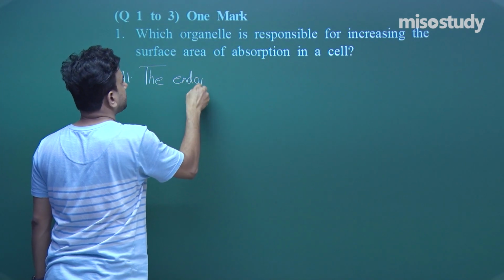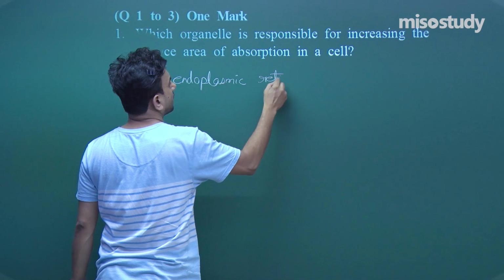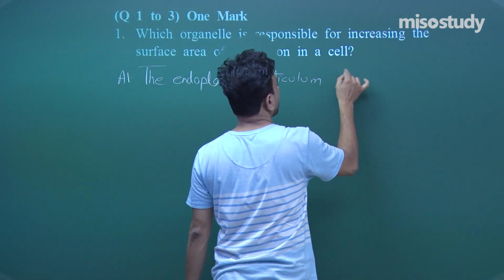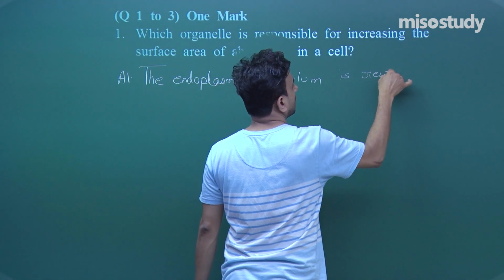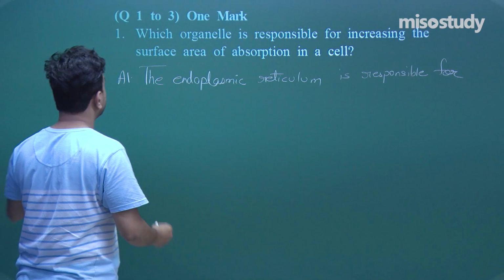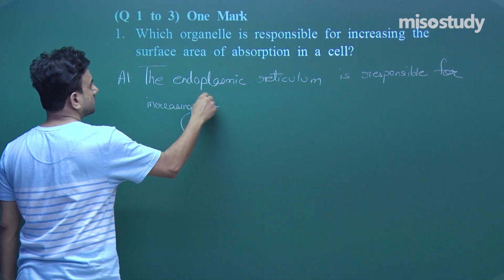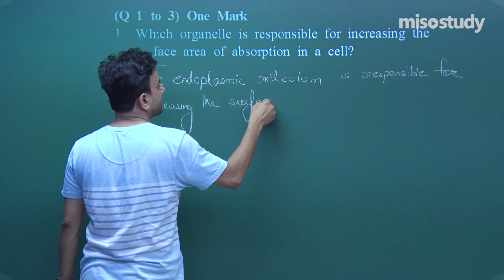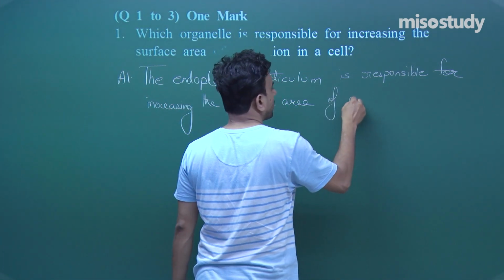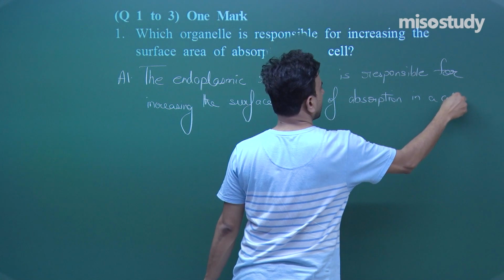The endoplasmic reticulum, right? The endoplasmic reticulum is responsible for increasing the surface area of absorption in a cell, right?